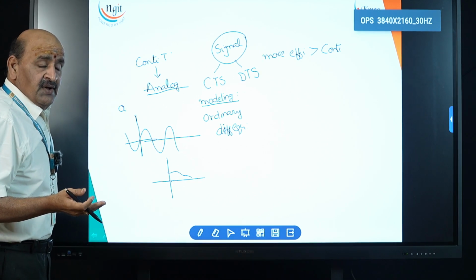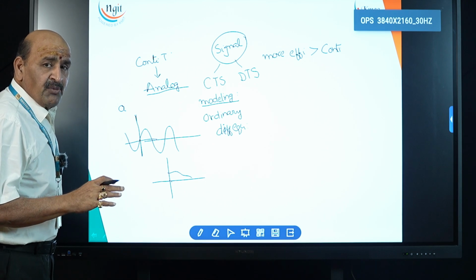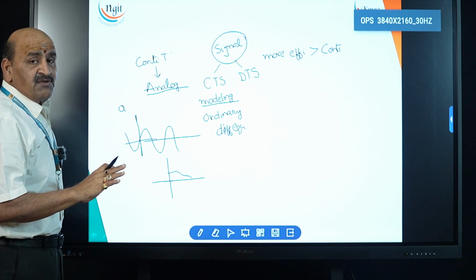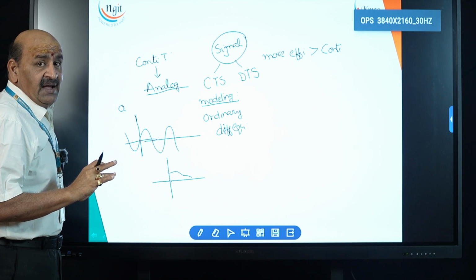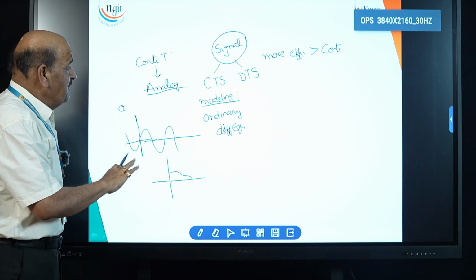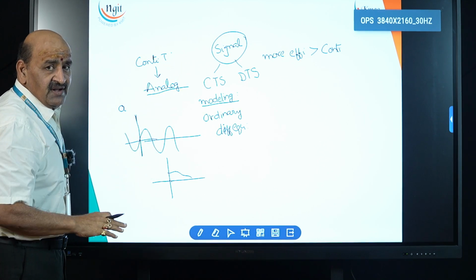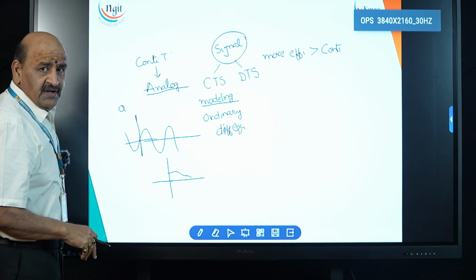All the properties existing on signals apply to both kinds of signals. That means time shifting, time scaling, and time reversal are applicable to both. So this is the end of this topic.